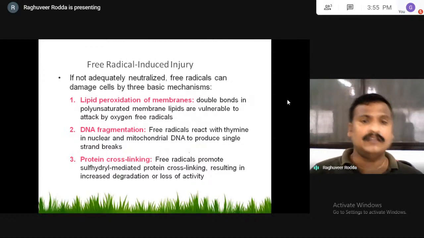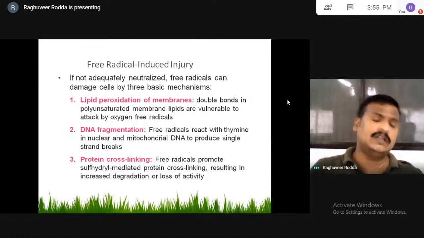The membrane consists of phospholipids which are polyunsaturated, and these are more vulnerable to oxygen free radicals.